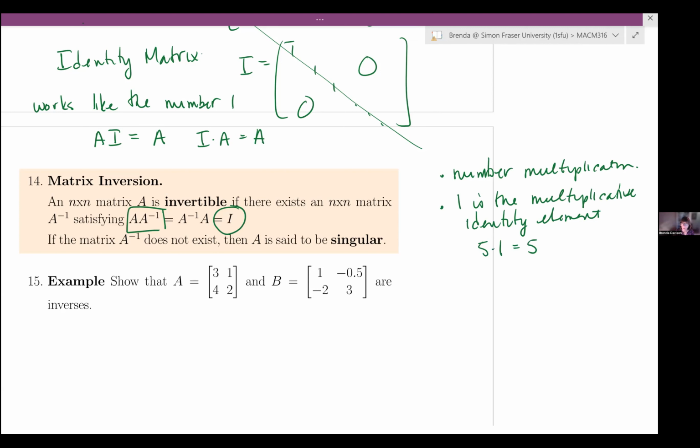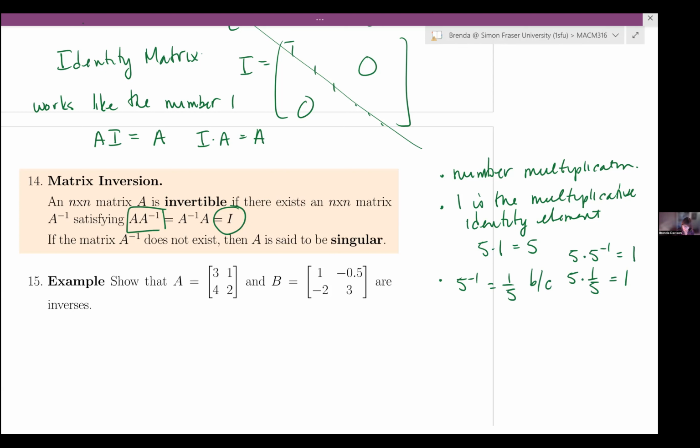When we multiply by 1, we do not change the number. And the inverse of 5, thinking of the reciprocal, means what number do I multiply 5 by to get the multiplicative identity element? That is 1/5, because 5 times 1/5 is 1. So 5 times 5 to the -1 is the multiplicative identity element.